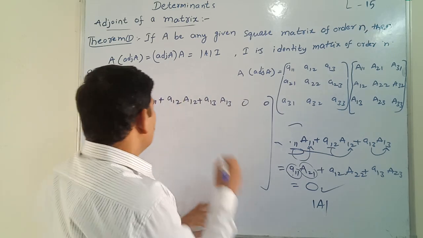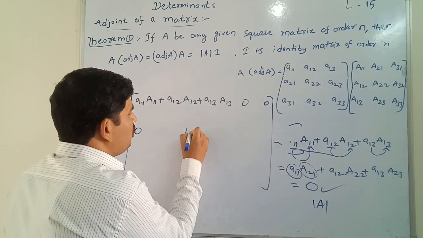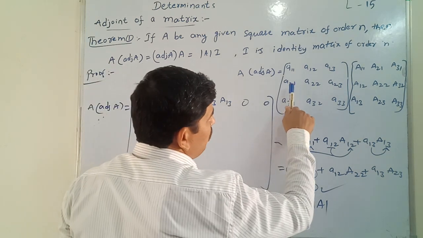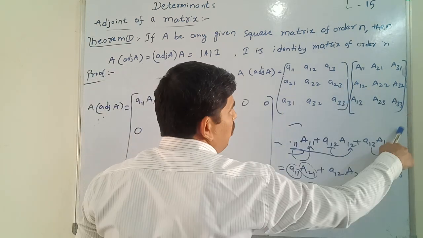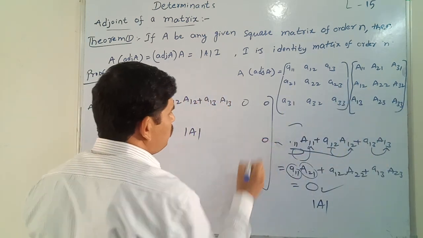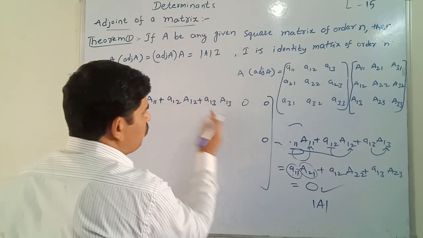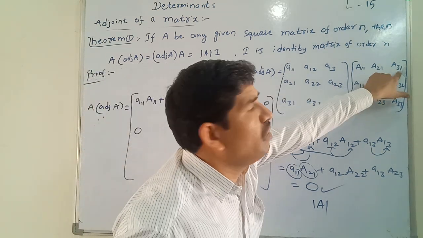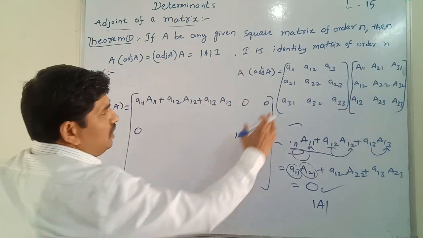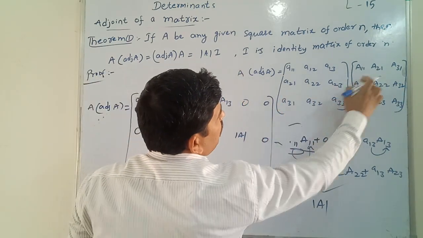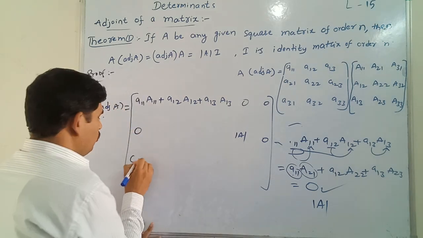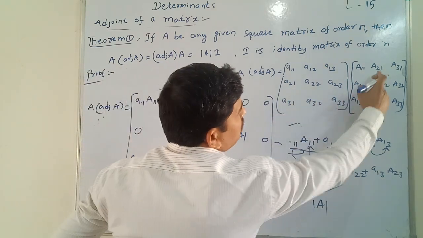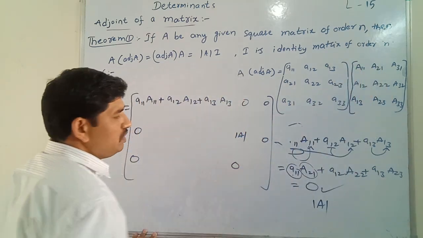Determinant of A. Again, second row, last column, it will be 0. Yes or no? Because of the different cofactors, the result is 0. Again, the third row with the first and second columns gives 0.